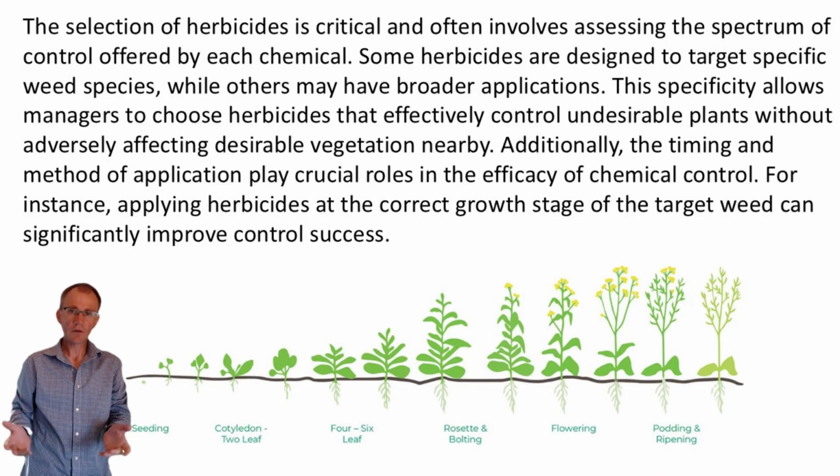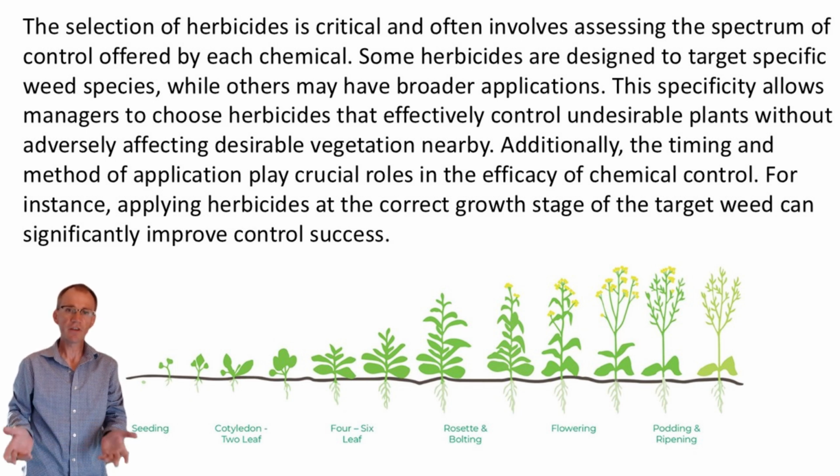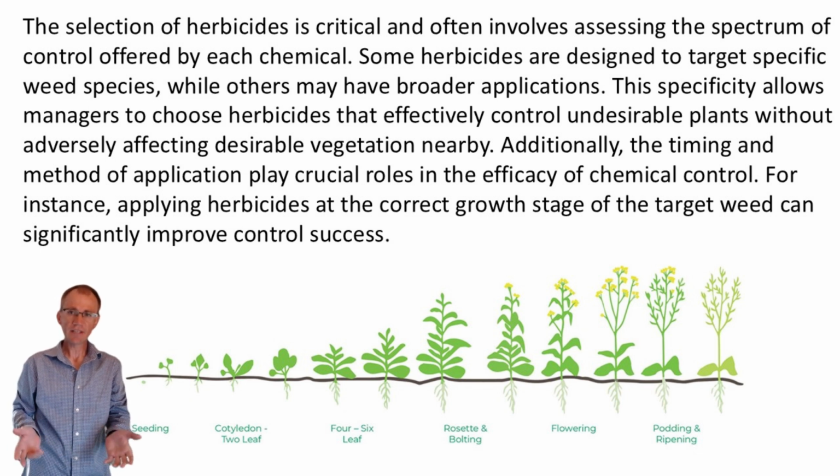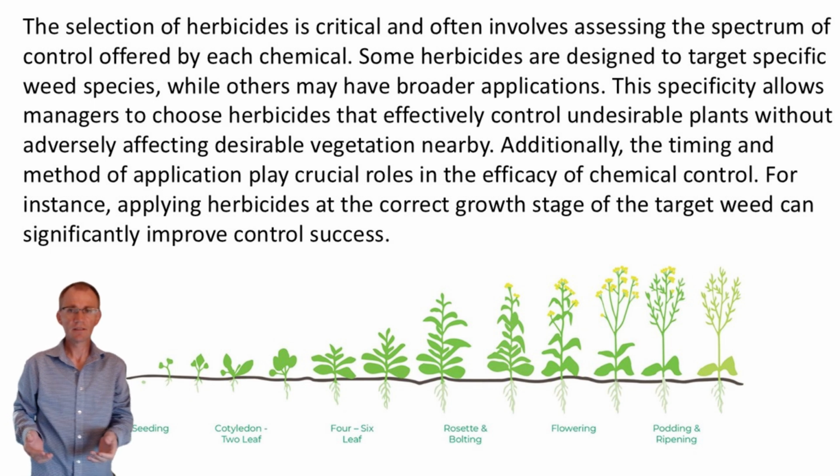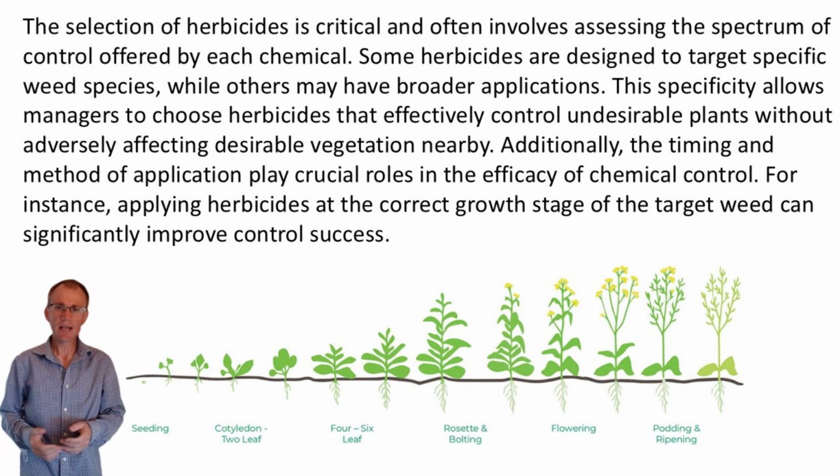The selection of herbicides is critical and often involves assessing the spectrum of control offered by each chemical. Some herbicides are designed to target specific weed species, while others may have broader applications. This specificity allows managers to choose herbicides that effectively control undesirable plants without adversely affecting desirable vegetation nearby.